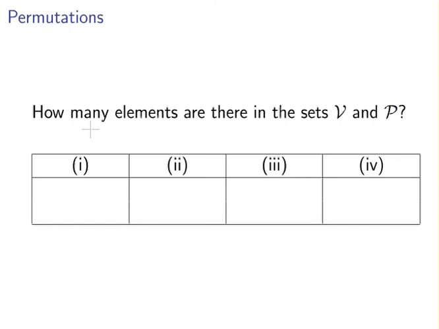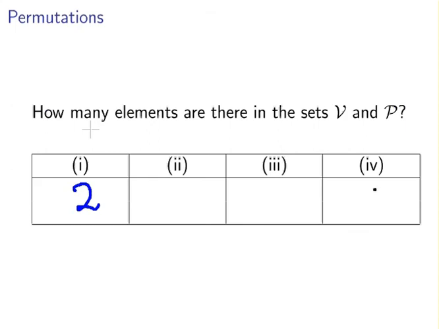One more. How many elements are there in the sets V and P? So they're both in sets V and P. Well, we're going to use the two previous examples to help us. It must be palindromic, so we have 2 options for the first selection.